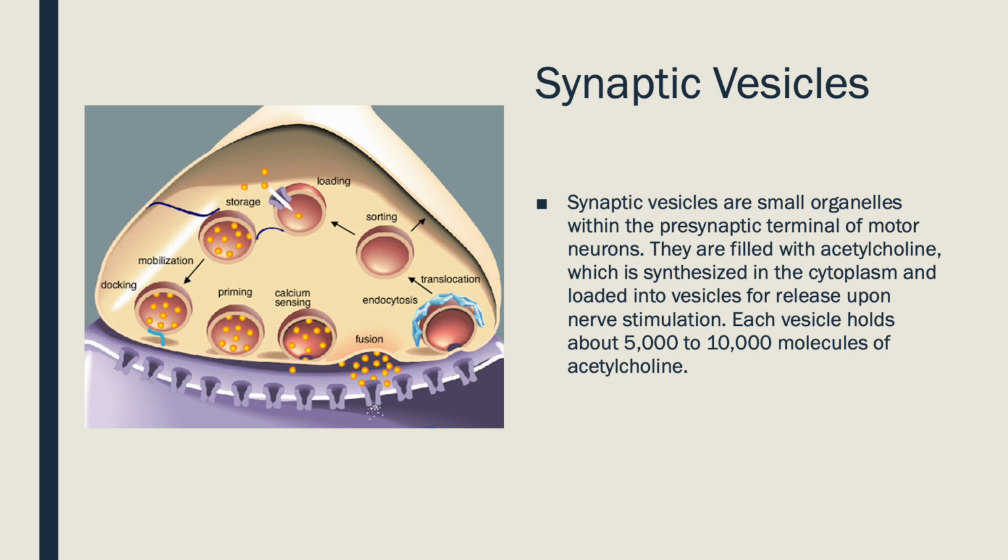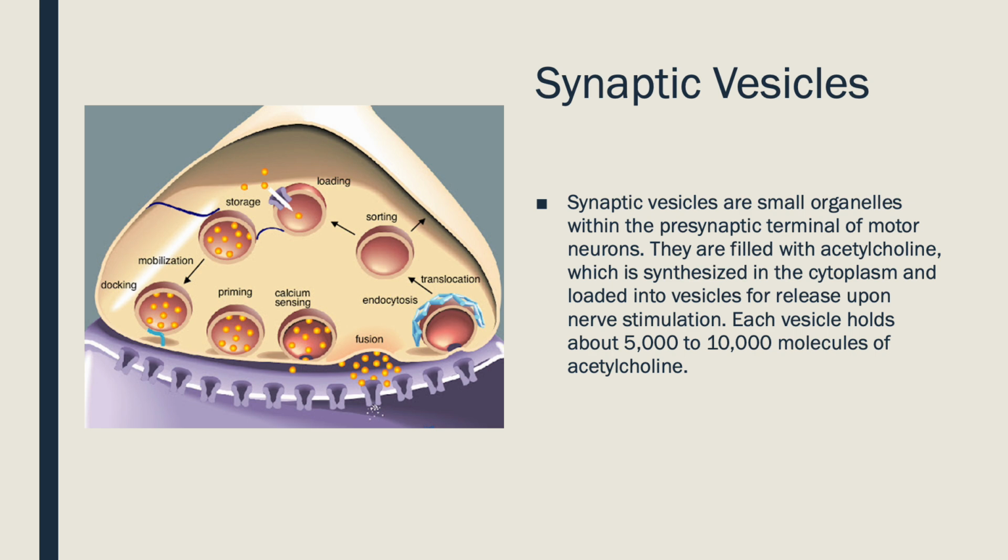This process involves proteins like clathrin and dynamin, and the vesicle is going to reform, refill, repackage, and recycle that acetylcholine, ready for that next action potential. This is all part of the vesicle cycle, critical for maintaining consistent neuromuscular transmission, and this is targeted by our drugs affecting neurotransmitters when it comes to their release or recycling.